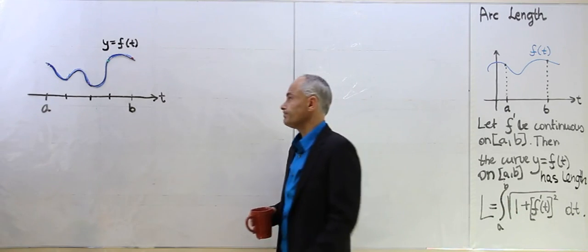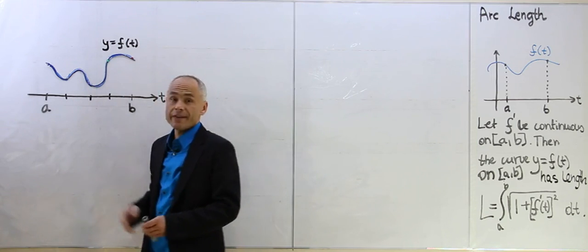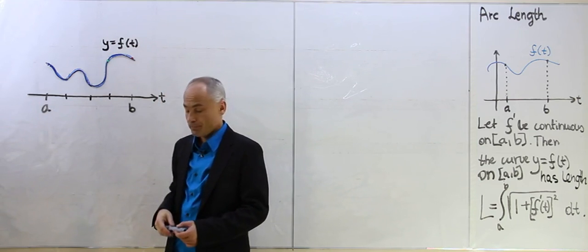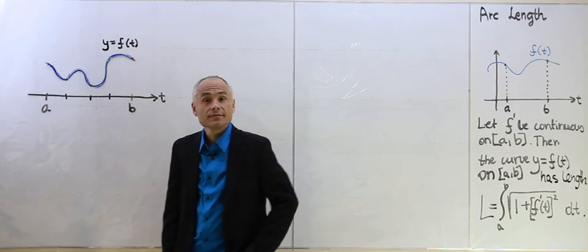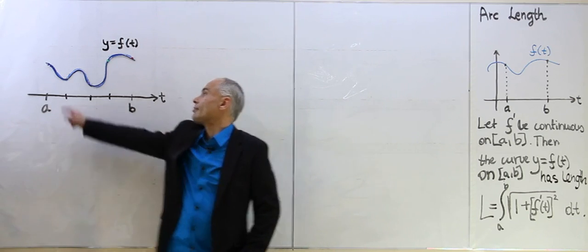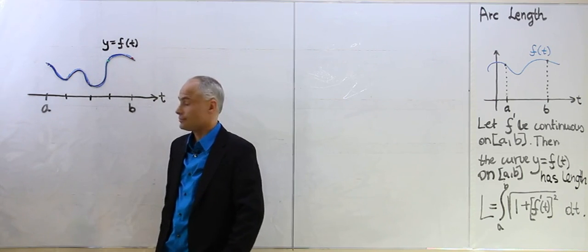So I sketched some curve y is equal to f of t, defined between a and b. And let's ask ourselves how we intuitively would calculate the length, or measure the length of this curve.